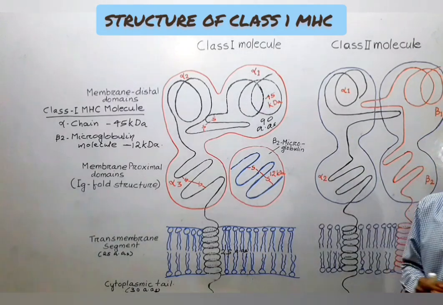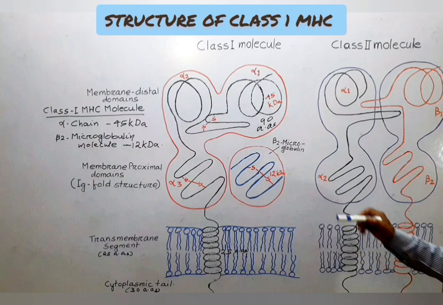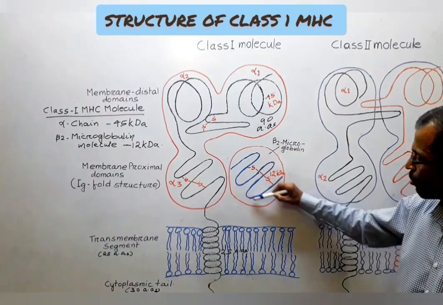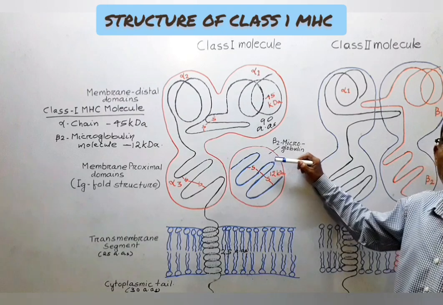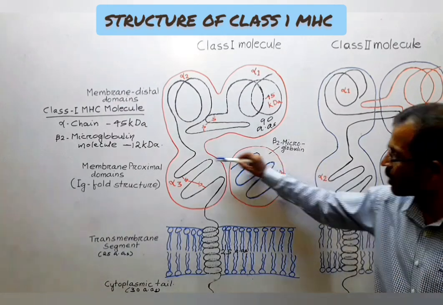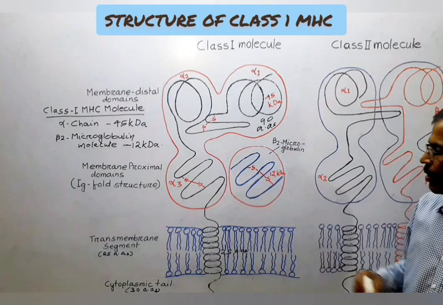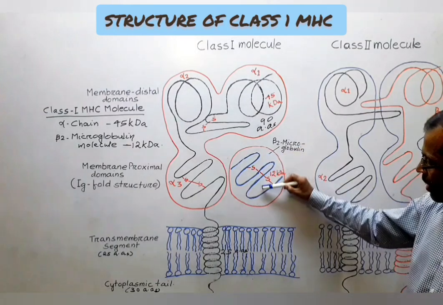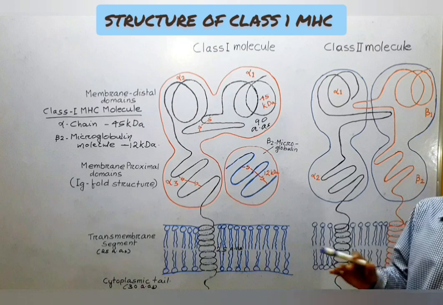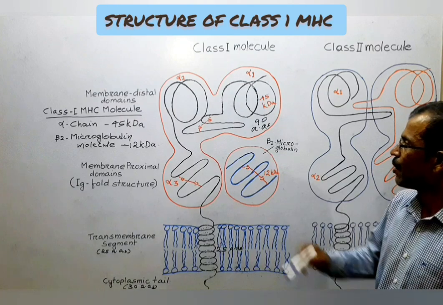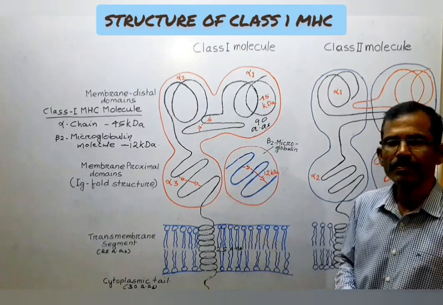The other component of the class 1 molecule is beta 2 microglobulin, which is similar in size and organization to the alpha 3 domain. This component does not have a transmembrane region and is non-covalently associated with the alpha chain.